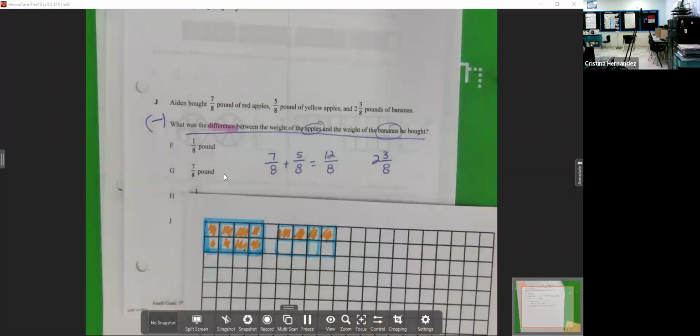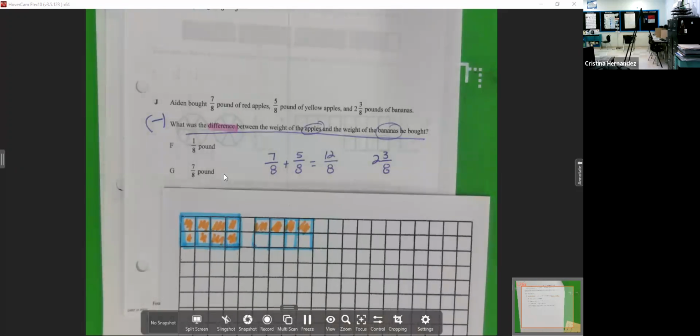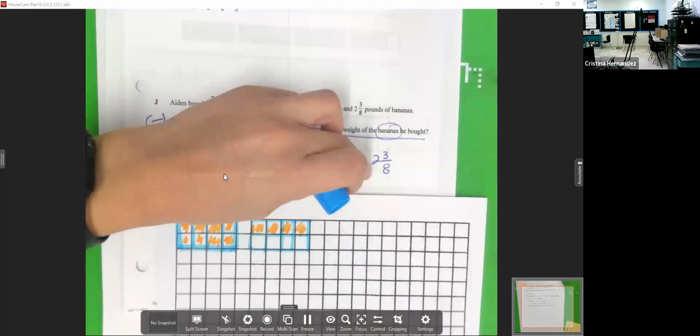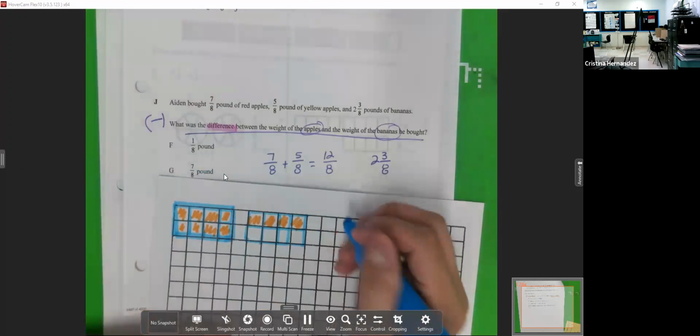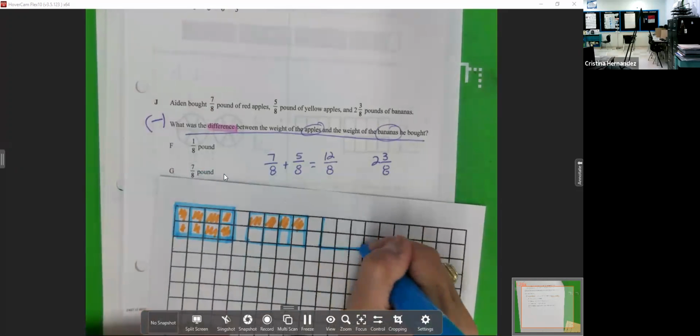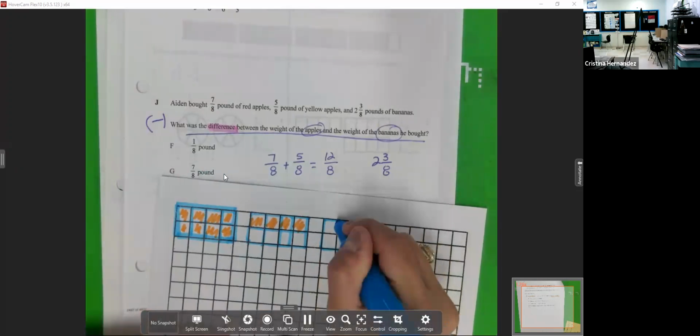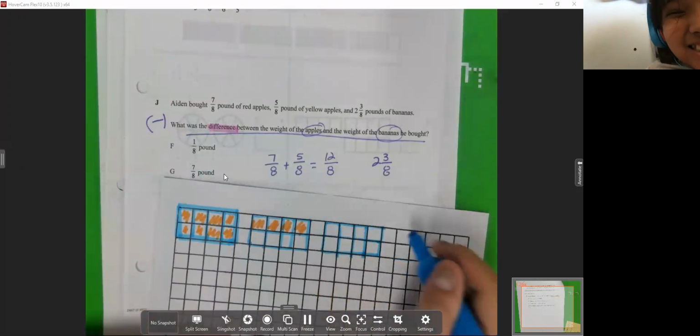How many wholes do we have here? 2. We drew 2 wholes, and we're still going to have 8 as our denominator.